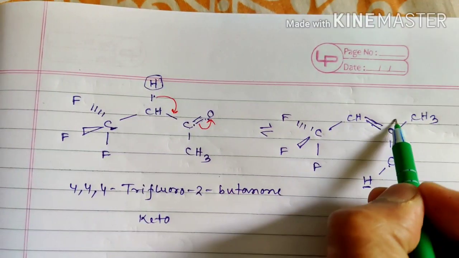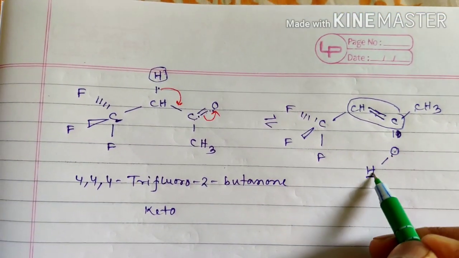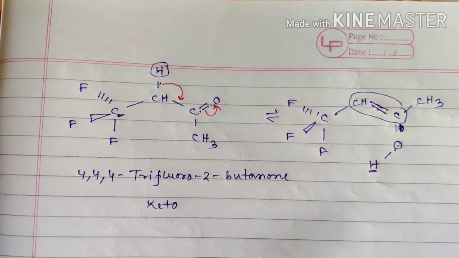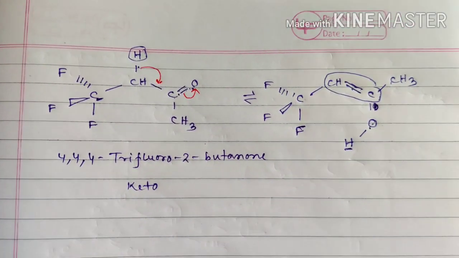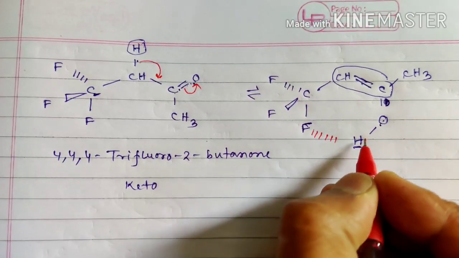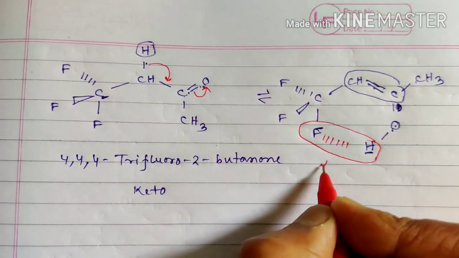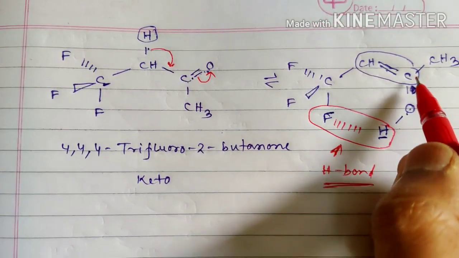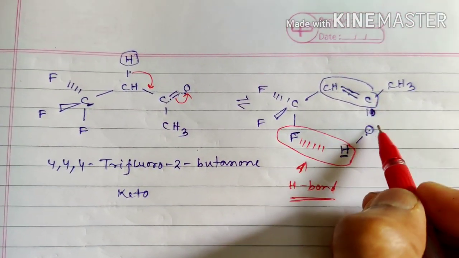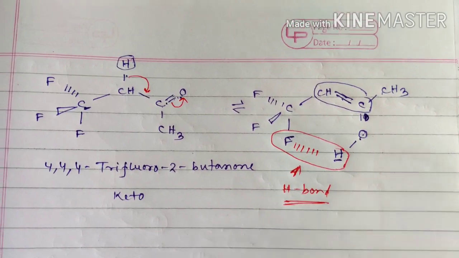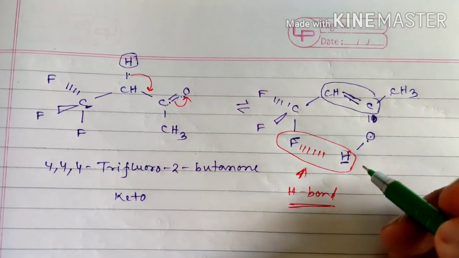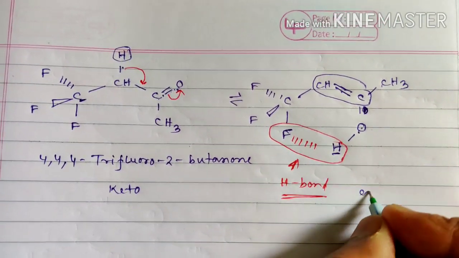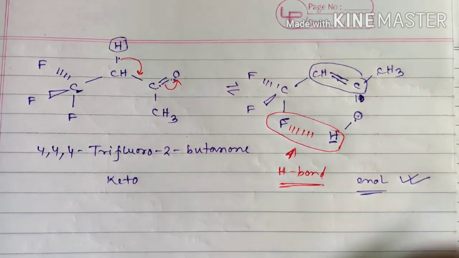It is now enol form. Between this fluorine and hydrogen, there will be the formation of a very, very strong hydrogen bonding. That is why I have intentionally drawn this OH on this side. Since due to the formation of this intramolecular hydrogen bond, this enol form will be more stable.